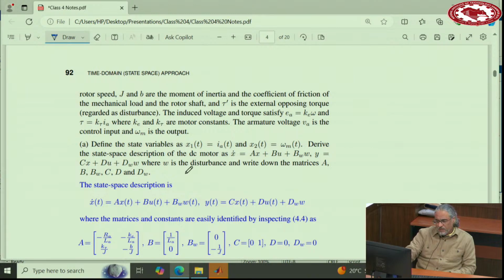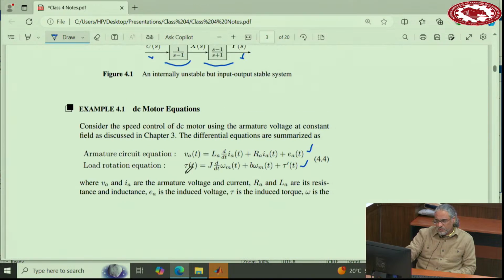Now, if you consider these two equations, both of them are first order, so they satisfy the condition. And one of them is derivative of IA, one of them is derivative of speed. So let's define one of the state variables as the armature current, one of the state variables as the machine's speed.